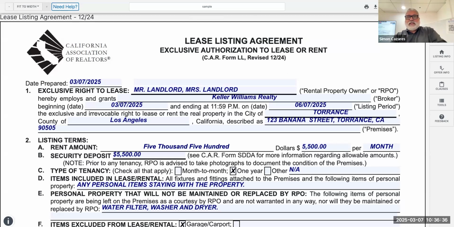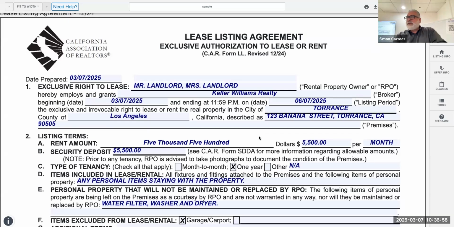This is the beginning date that you're going to launch it, and there has to be an expiration date as well. Okay, so I did it for the sake of today's class. I did a 90-day lease listing agreement. So March 7th today, and then June 7th of 2025.